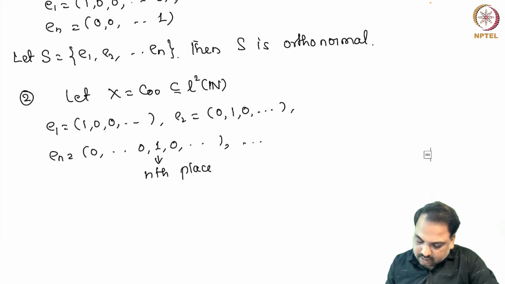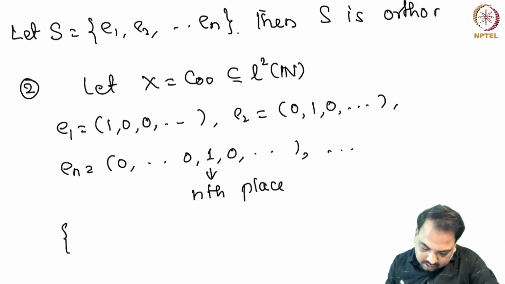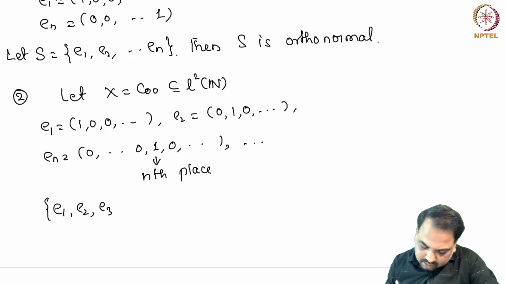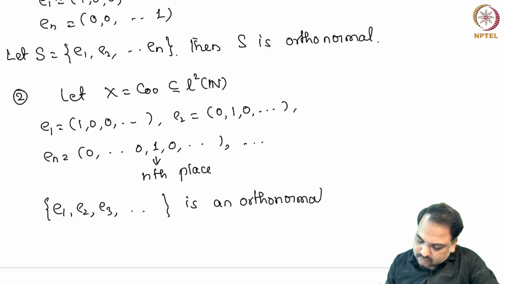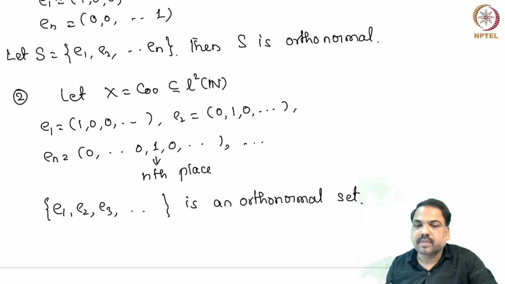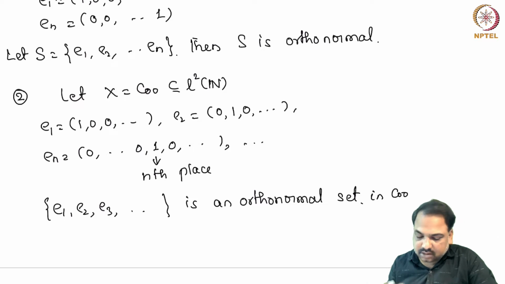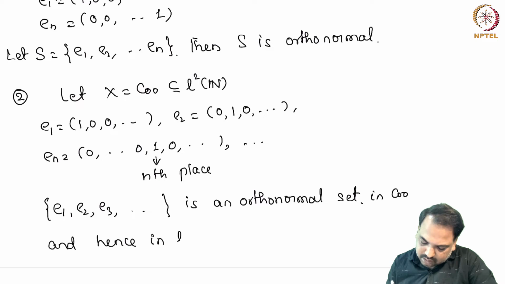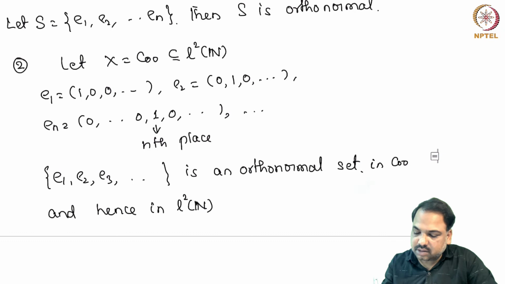Then we can say that this set e1, e2, e3, and so on is an orthonormal set in C00 and hence in l2 of N. Okay, so here I have taken this to be X.